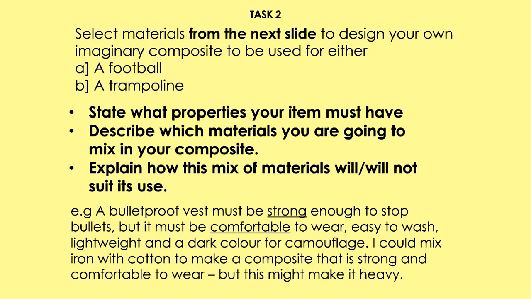Bearing that in mind, if you look at the materials on the next slide, two of the ones you could mix would be iron, because it's strong, and cotton, which makes it comfortable. If you put those two things together, it would make it strong and comfortable to wear. The downside is that the jacket itself would be heavy because iron's quite a dense material.